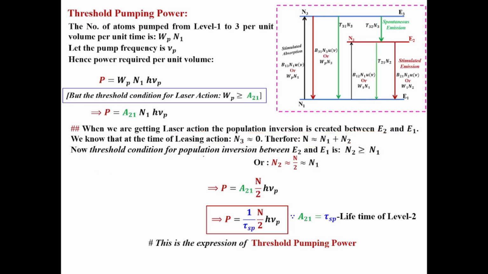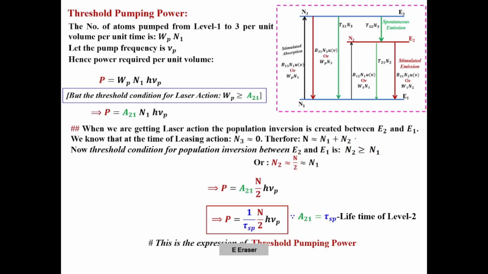Now the threshold condition for population inversion between E2 and E1 is N2 greater than or equal to N1. When N2 is just greater than N1, then we find the lasing action. So if N2 equals N1, from this equation, putting N1 equal to N2, we get 2N2 equal to N, so N2 equals N by 2.